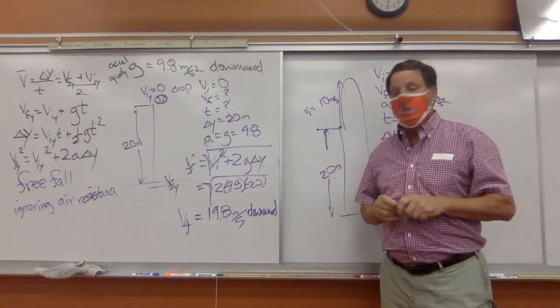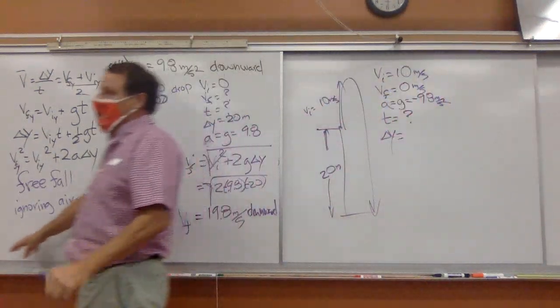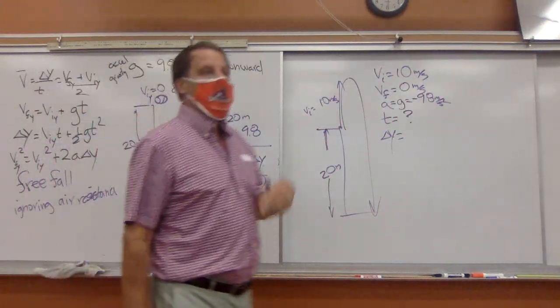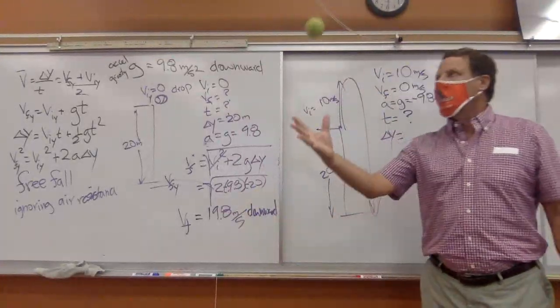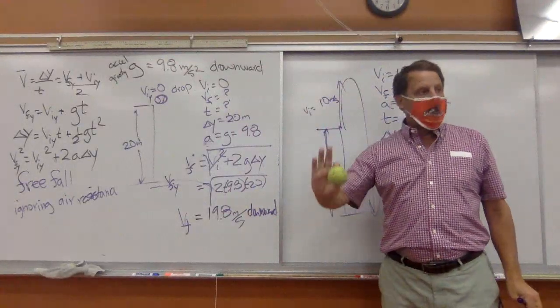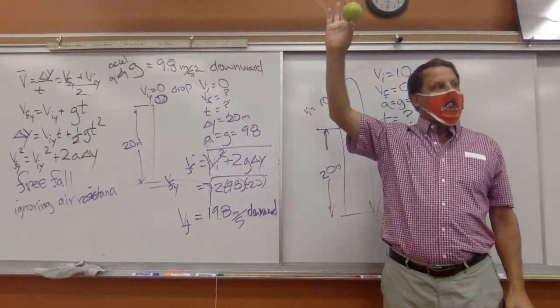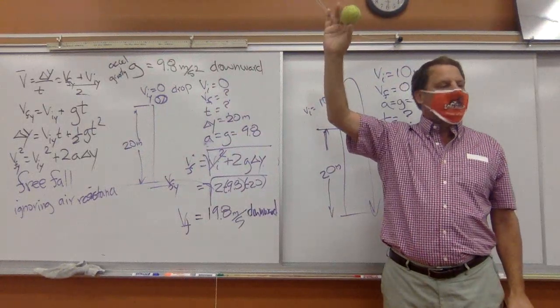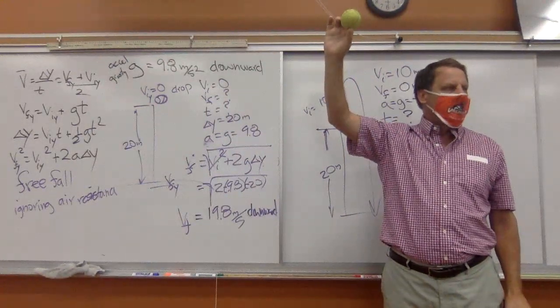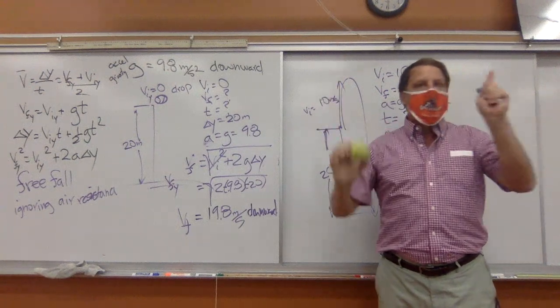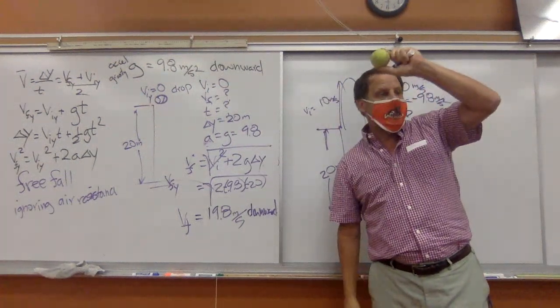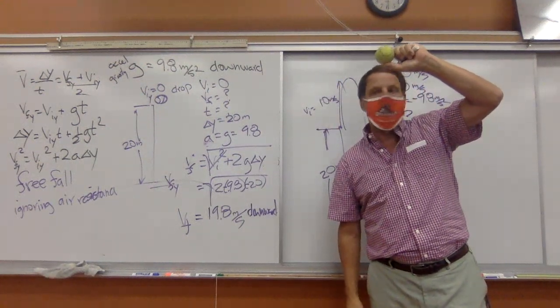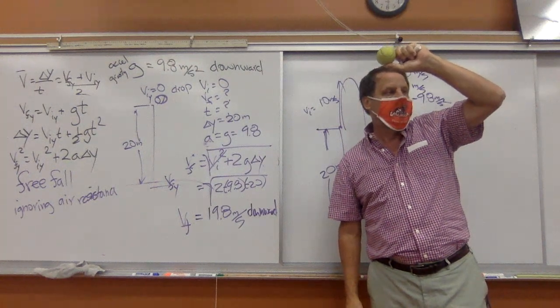Again, this will make sense when you think about it, but you haven't had to think about it. If I throw a ball up, it's going to be going up, right? And when it gets to its highest point, what is its velocity? It's going to be 0. At that very instant, it's going to be 0, and that's going to be its maximum height.